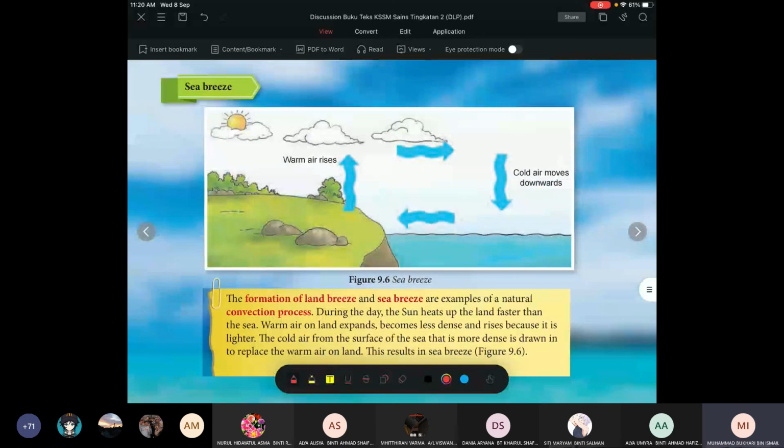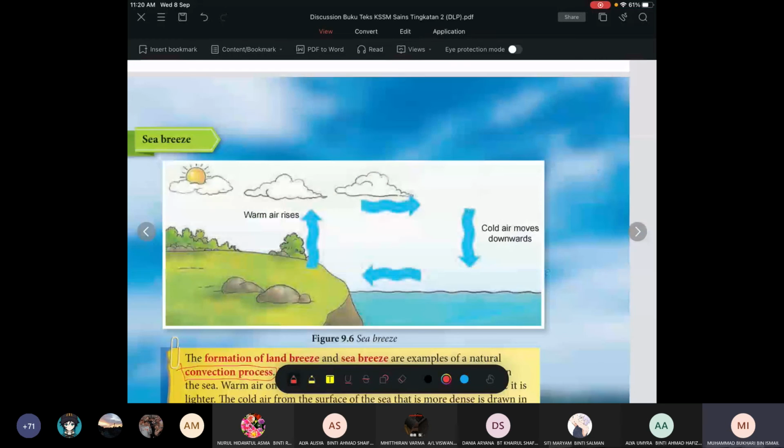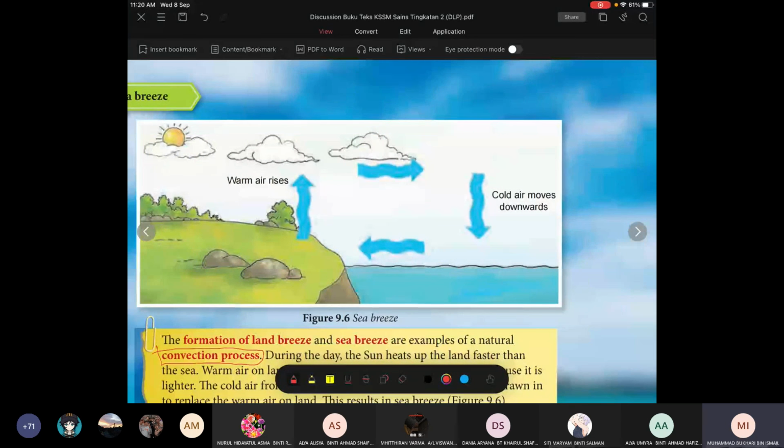Okay, let us look at another situation here. We have the example of sea breeze. This process applies the convection process. So what happens here is during daytime it is hot on the land.